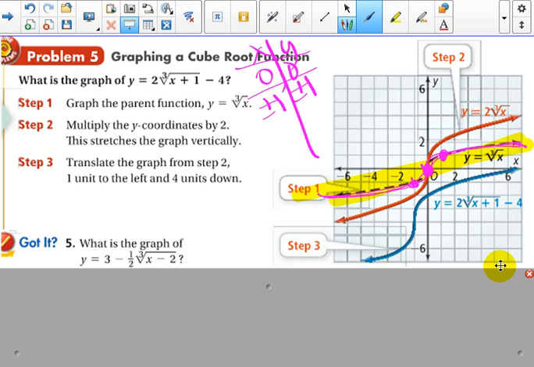And then the next perfect cube would be 2 times 2 times 2, which is 8. We don't have it on the chart here, it would be off the chart. Okay, so let's work with these points.